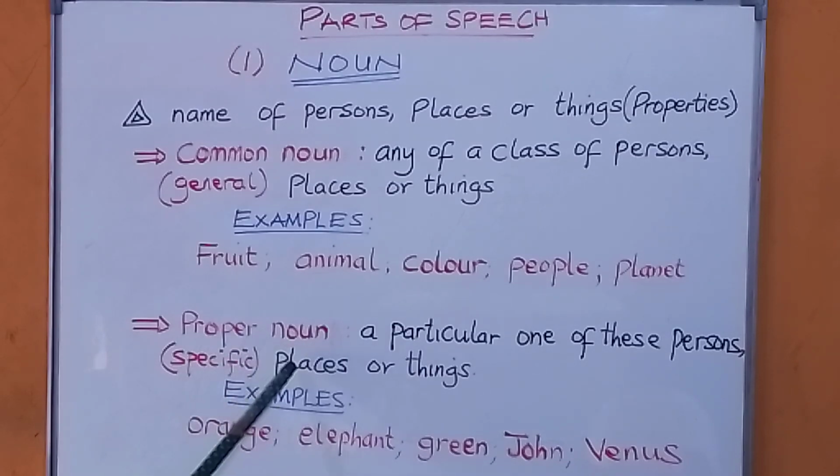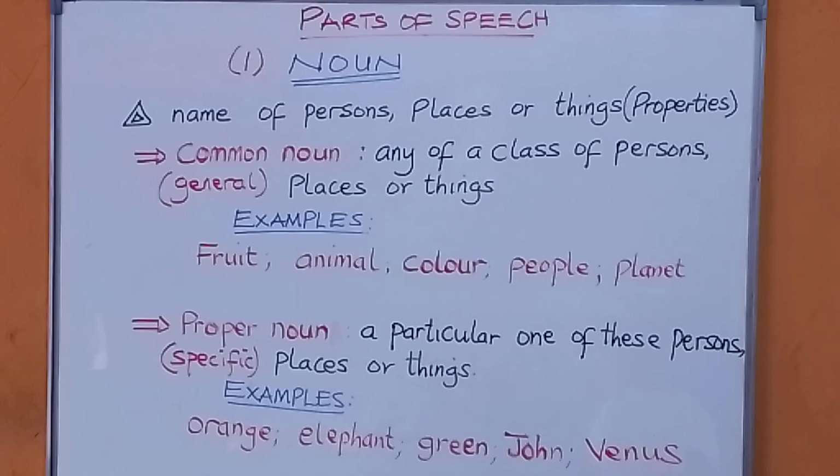Those are proper nouns. When you say green, red, black, that's particular. It's not general. It's a specific name. When you mention John, that's a particular name. Or when you mention Venus, that's a particular name. So these are proper nouns.